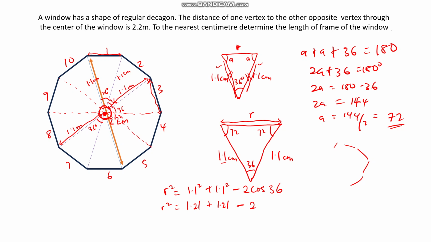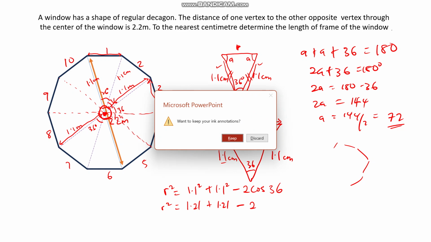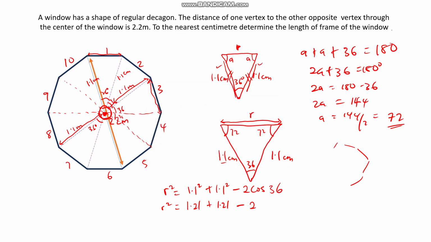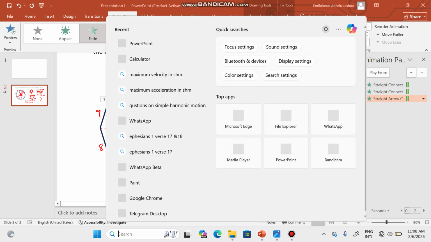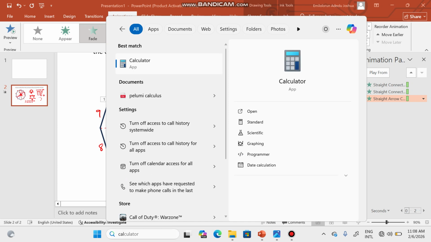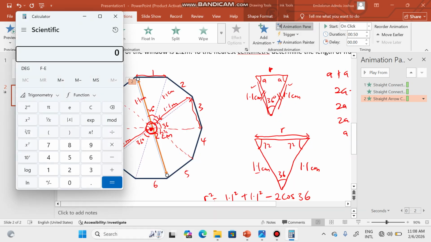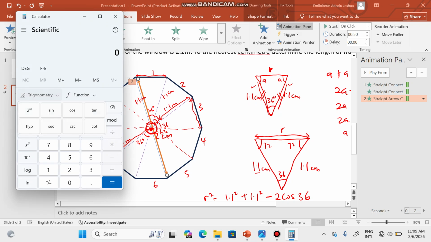let me do the calculator. Okay, maybe I should just quickly skip this projection and quickly use the calculator. So I just need cos 36. Okay, cos 36 is giving me here minus 0.127.